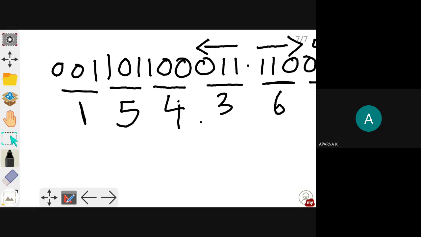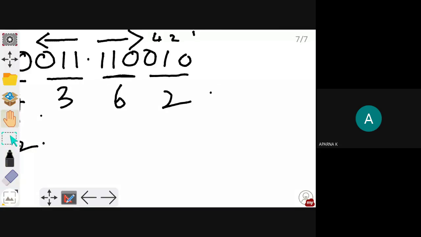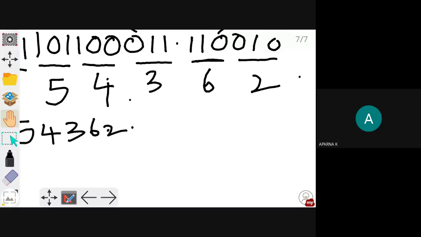So your octal value is 15436 point, sorry, 2 point. So the point is 3, you have to keep that point, and then 6 2. So this is the octal value.